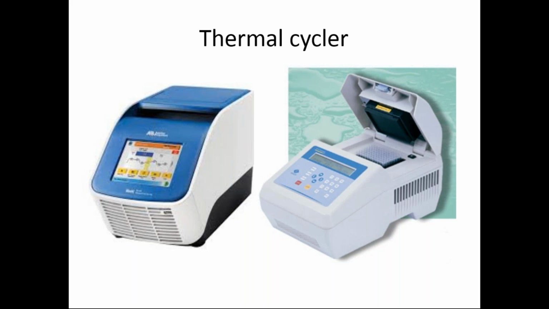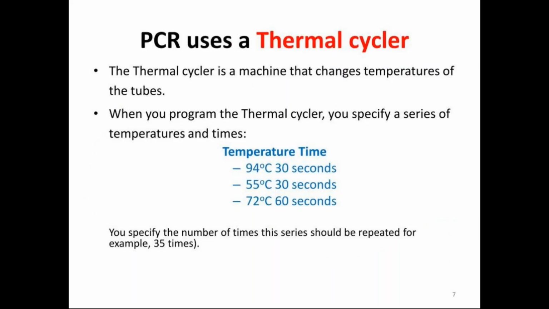Then the three different steps start: denaturation, annealing, and extension. These three steps are carried out within the thermocycler, because the thermocycler provides the appropriate temperature to the sample for a particular time interval.